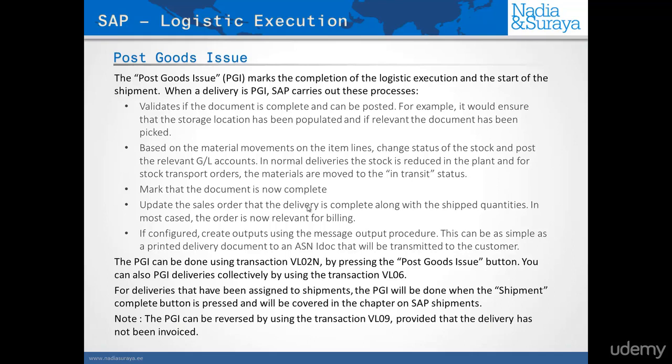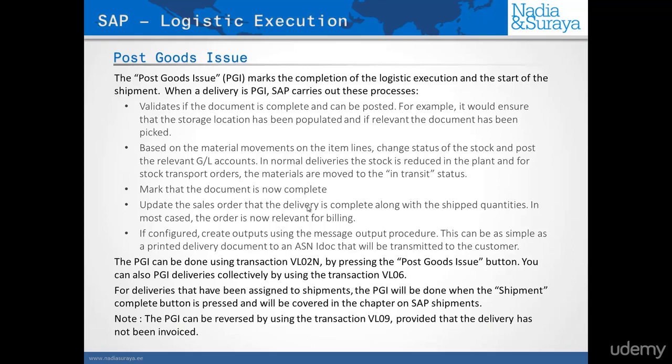The first thing, it validates the document to see that all of the fields that it requires have been correctly populated, so that the document can be posted. For example, it makes sure that the storage location is there, the picking has been done, and so forth.